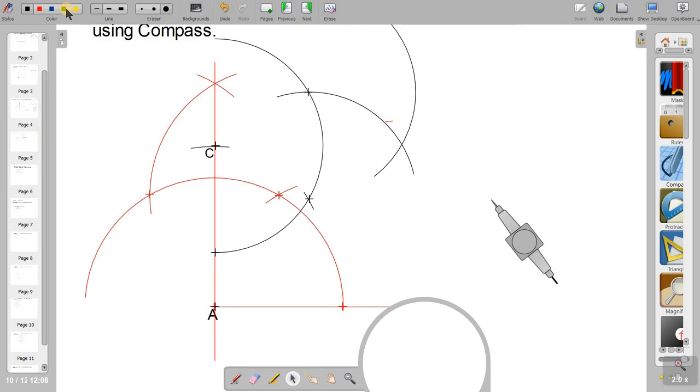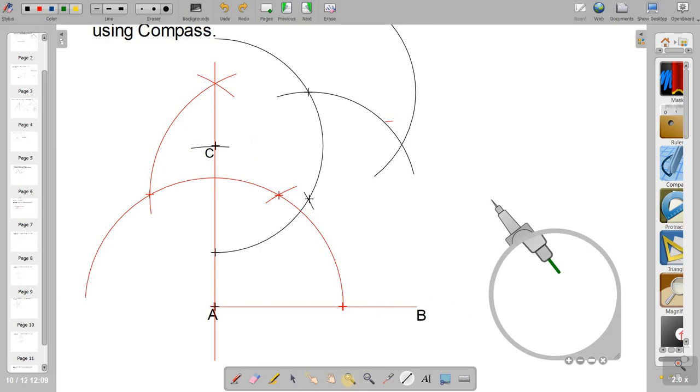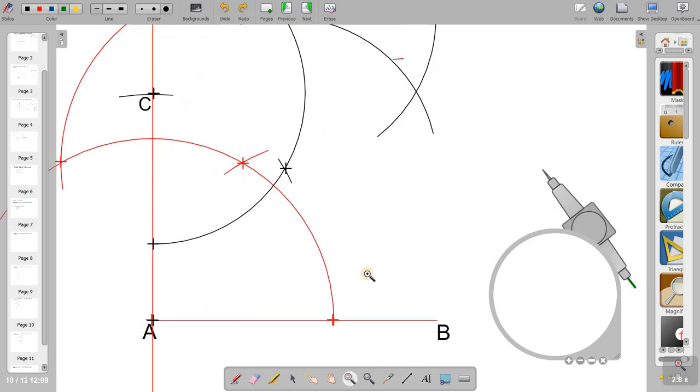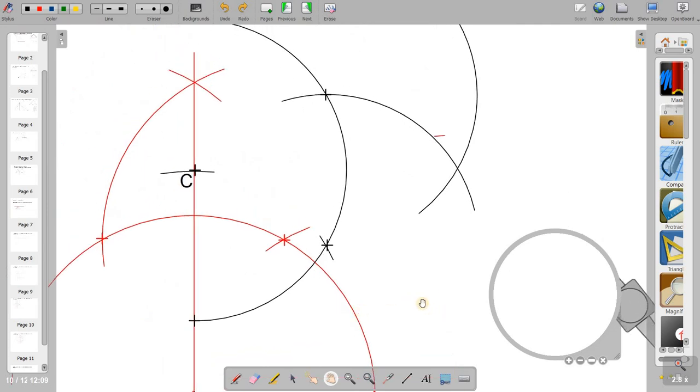I will use the green color to draw the line joining this point C and this new point. I will name that new point as D, but I will draw the line first and then do it. I will zoom it also and then draw. Okay, from C I will mark this point as D first.